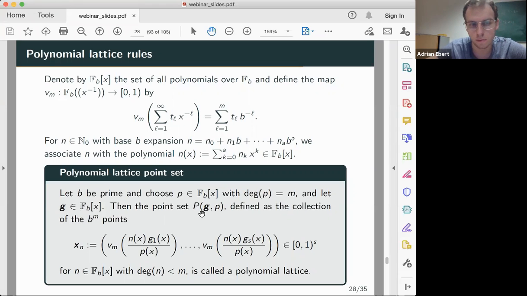Then our polynomial lattice point set is defined in this fashion. Here you can already see it looks very similar to a lattice rule. Before we had k times z over n, and now we have n times g over p. And n runs over all polynomials with degree smaller than m. In the end, we will obtain b to the m points, so we always have a prime power number of points for polynomial lattice point sets.